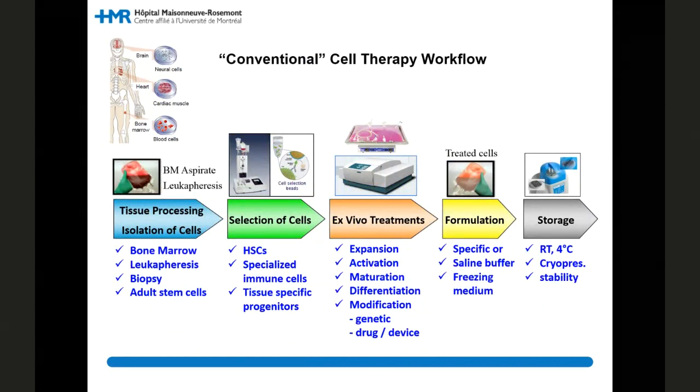For that, you will need to select your cells, whether they're hematopoietic stem cells, and you may want to use antibodies and magnetic beads, for which you need equipment that is authorized, obviously. And if it's not authorized, you can still use it, but you have to define the appropriate qualification to ensure that it's going to do the work that you need it to do.